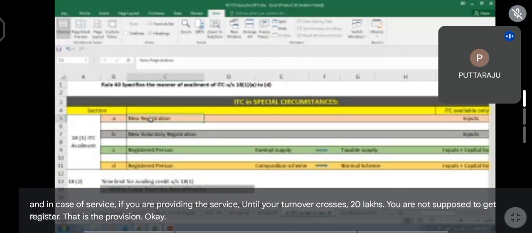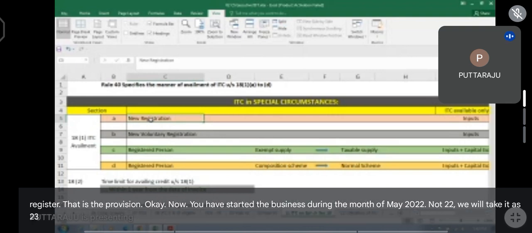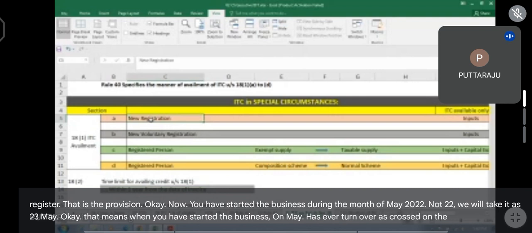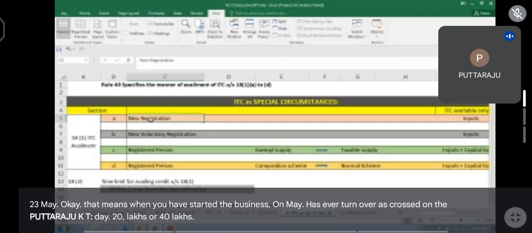Okay. Now, you have started the business during the month of May, we will take it as May 23. That means when you have started the business in May, has your turnover crossed on that day 20 lakhs or 40 lakhs?